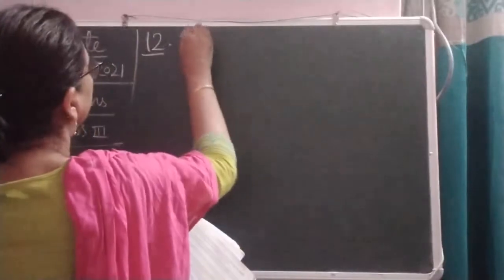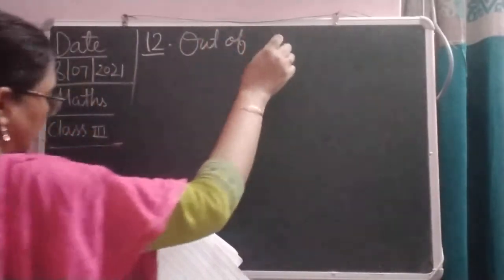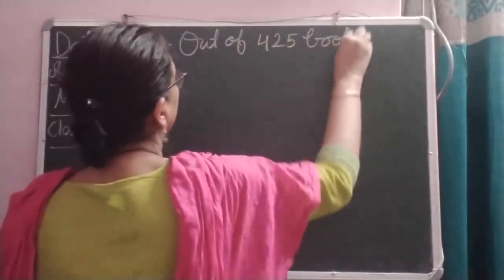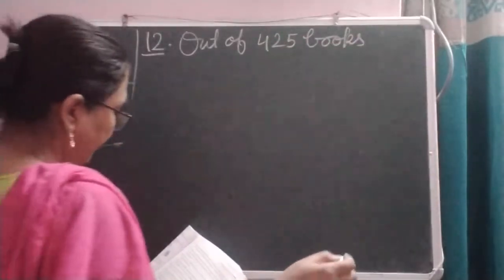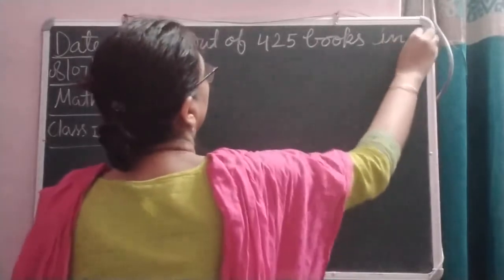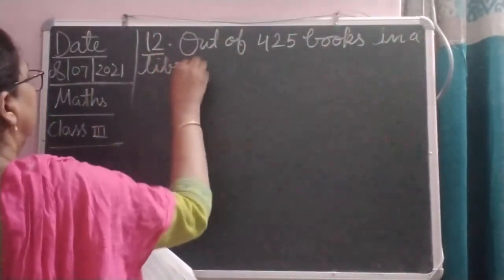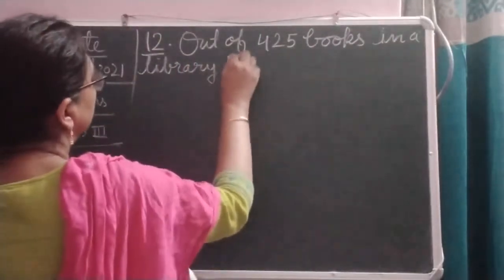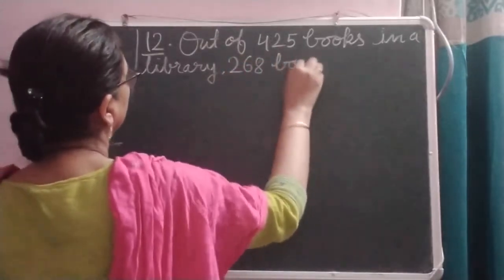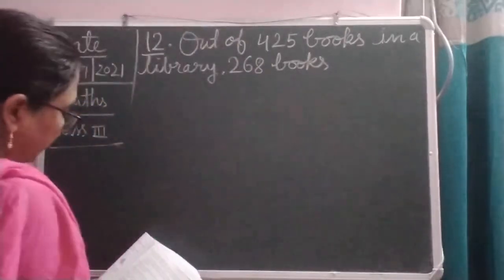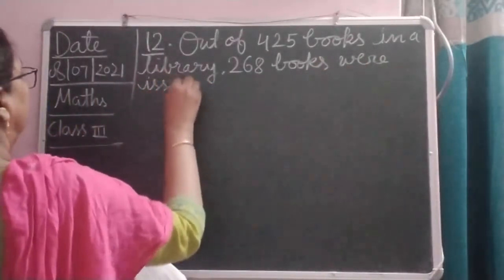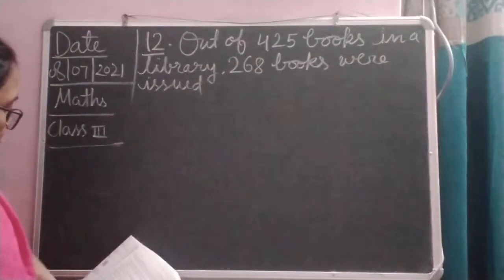Question number 12. Out of 425 books in a library, 268 books were issued to the students.